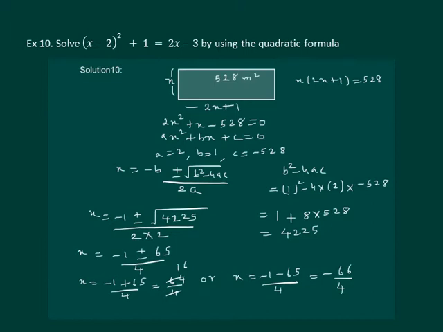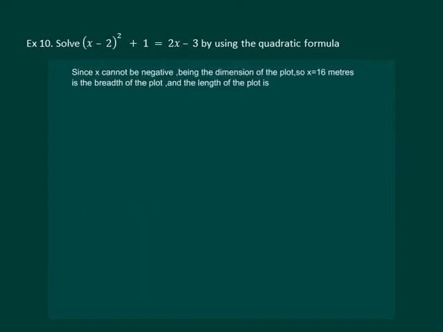Then we can calculate the length by substituting in 2x plus 1. So x equal to 16 meters is the breadth of the plot, and the length of the plot will be 2 into x plus 1, which is equal to 33 meters.